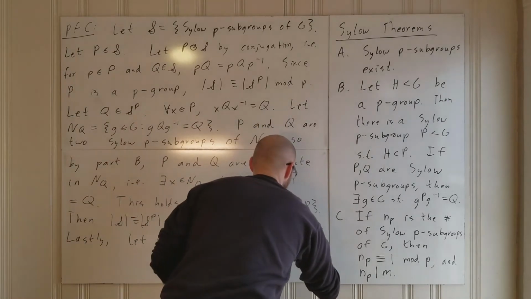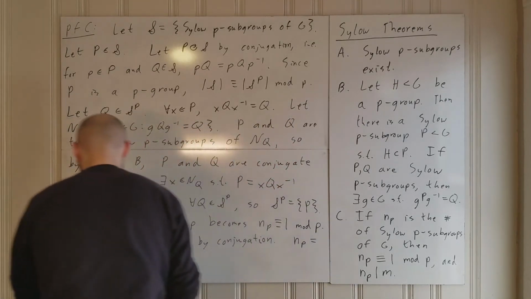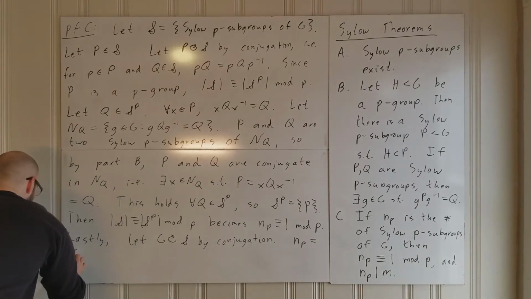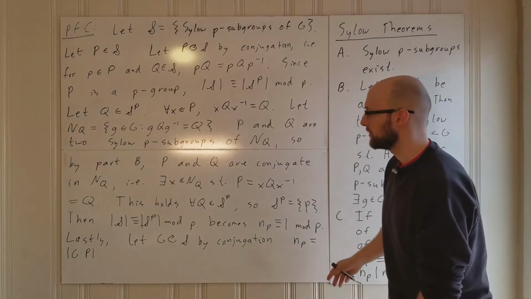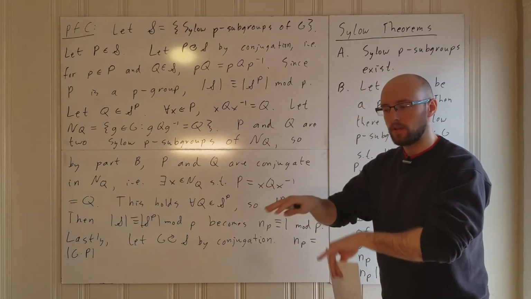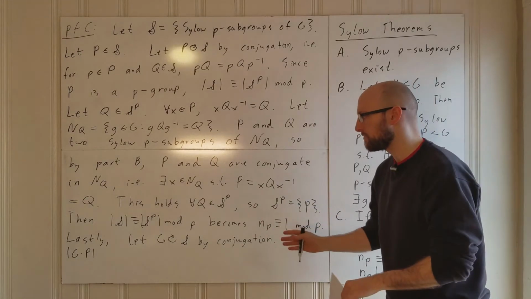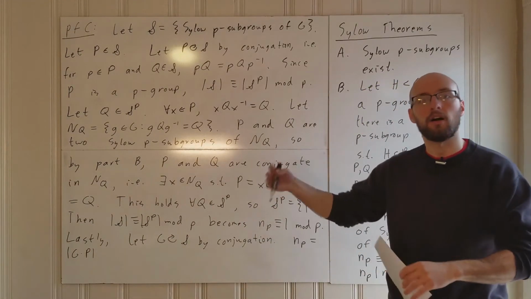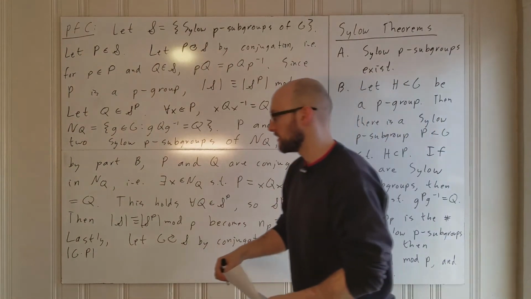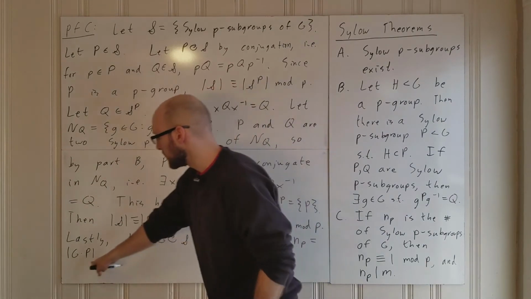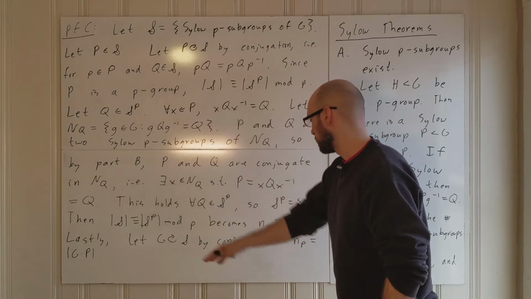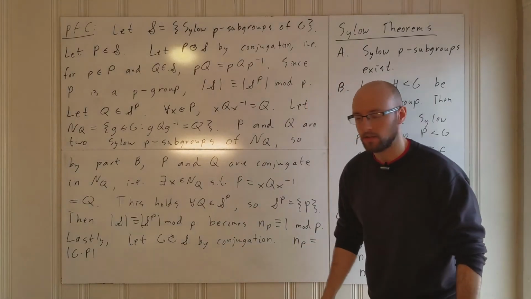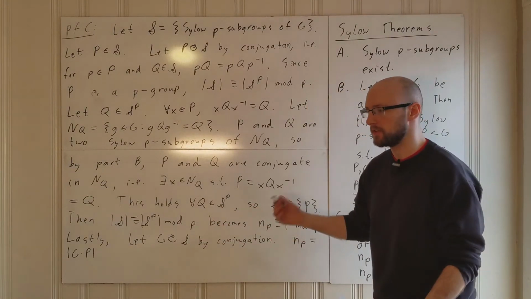So now N_P, the number of Sylow p subgroups, is just equal to the orbit of P under G, because we know that all Sylow p subgroups are conjugate, and so if we consider the set of all possible things that we get by conjugating P, we're going to get all Sylow p subgroups. And so they're all going to be contained in this orbit here, and so the size of that is equal to N_P. Okay, well this is an orbit, so let's think, orbit stabilizer.